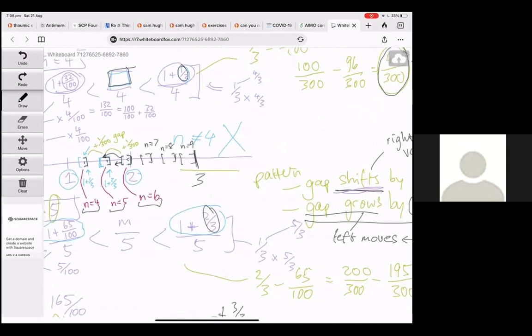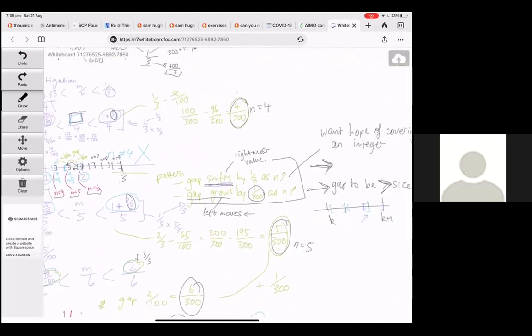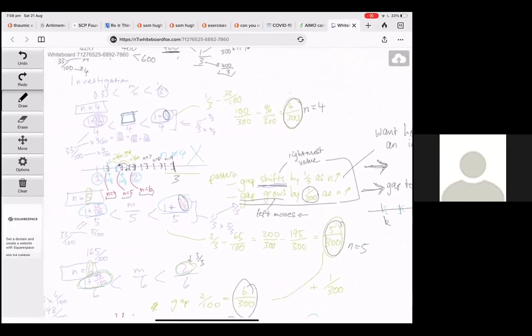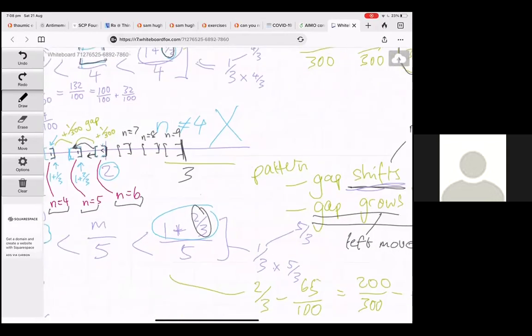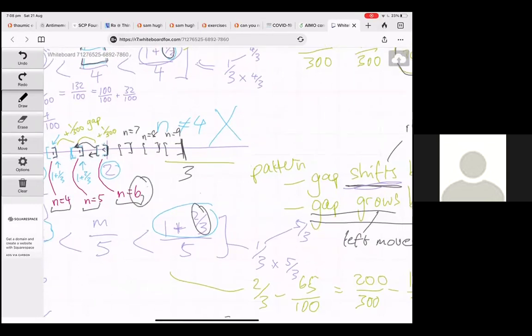So I think it's clear that if it shifts by 3 each time, and we want the gap to cover an integer, then since the right part of the gap falls on an integer, every time n is equal to 0 mod 3, so 9 is again 0 mod 3, and I want my gap to be big enough so that the left side covers an integer, then this value is definitely going to be 1 mod 3.